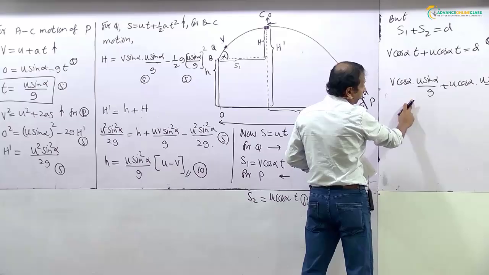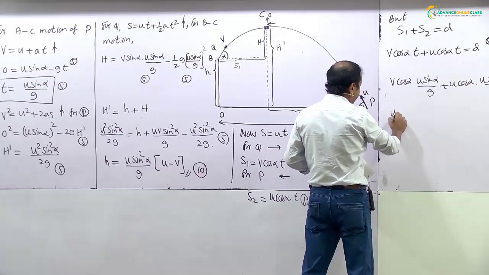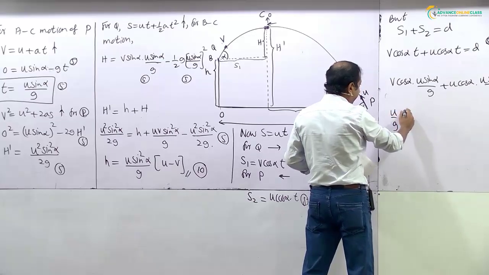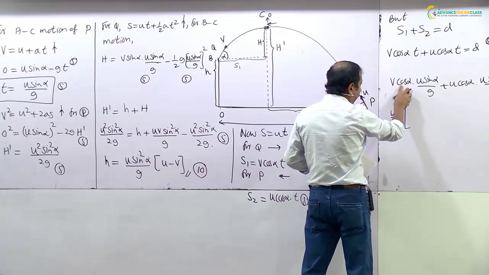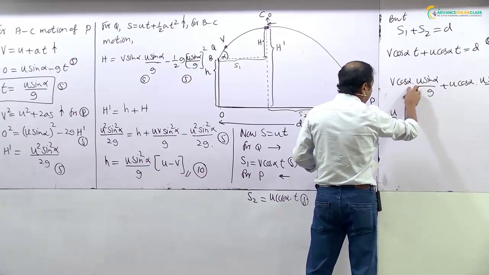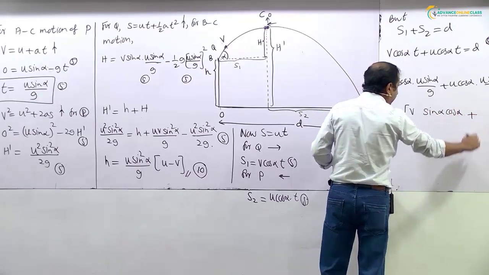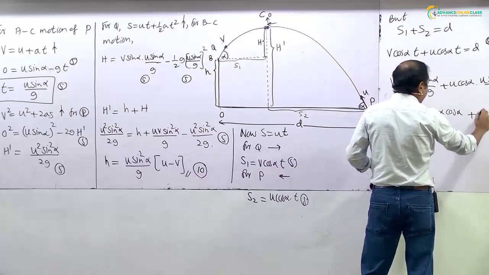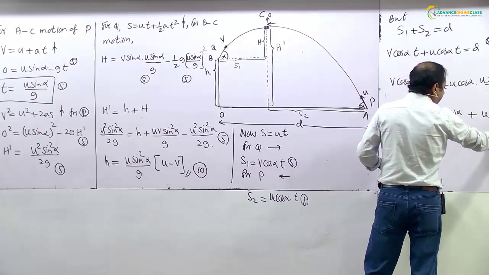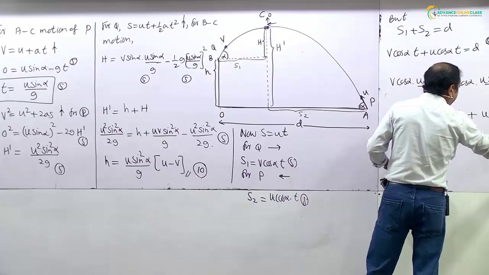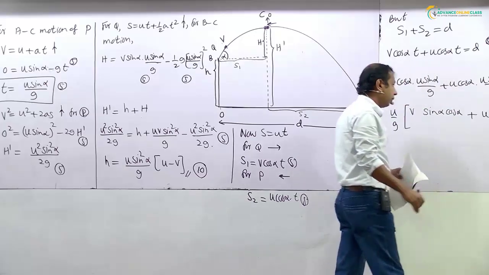Here you can take U over G out. Now we have V sine alpha cos alpha, right? And here U sine alpha cos alpha, this is equal to D. Correct, no?